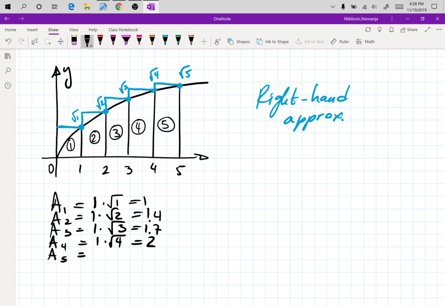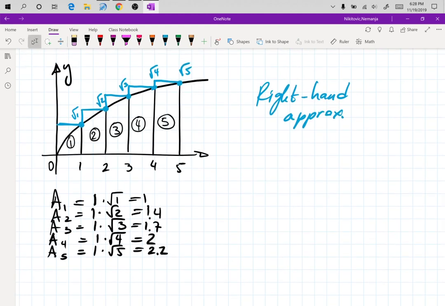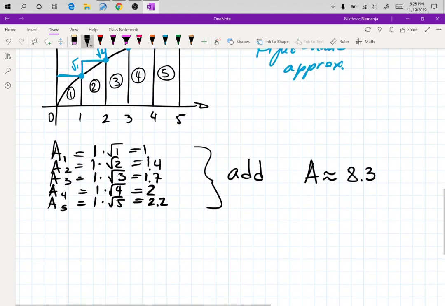And area 5, the fifth rectangle, 1 times root 5, is about 2.2. So now when you add them all, you get that the area is approximated by 8.3.